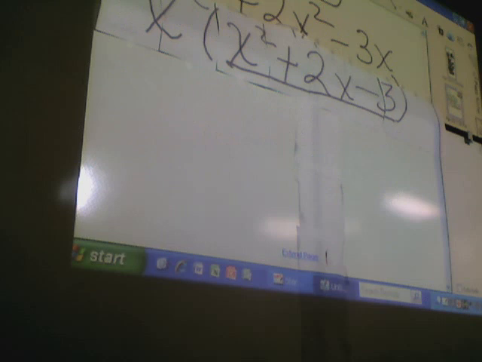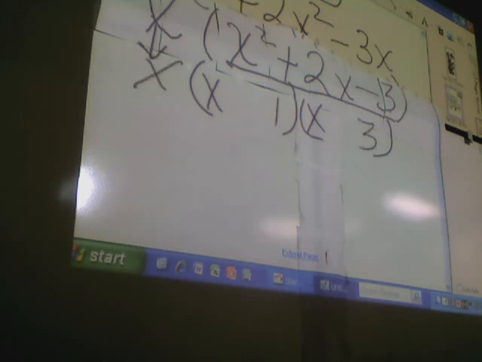We could try, right? Okay, the 3 has to be a 3 times 1, so let's see. We'll leave our x here, in the front. If we put a 1 and 3 here, are we going to be able to subtract to get a 2? 3 minus 1? We can, right? We need a positive 2.